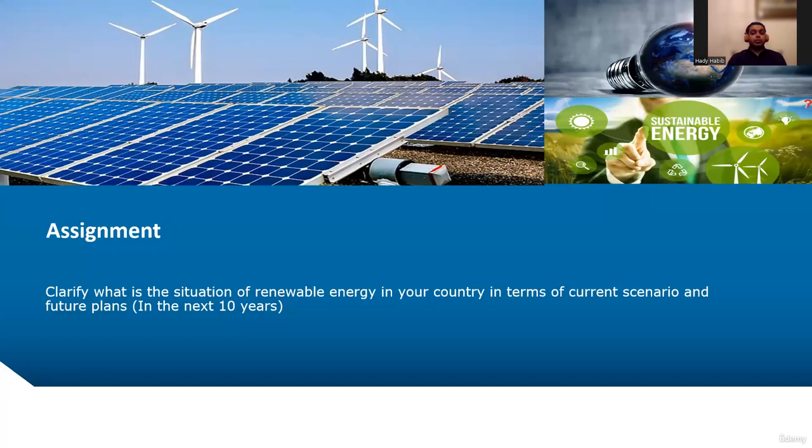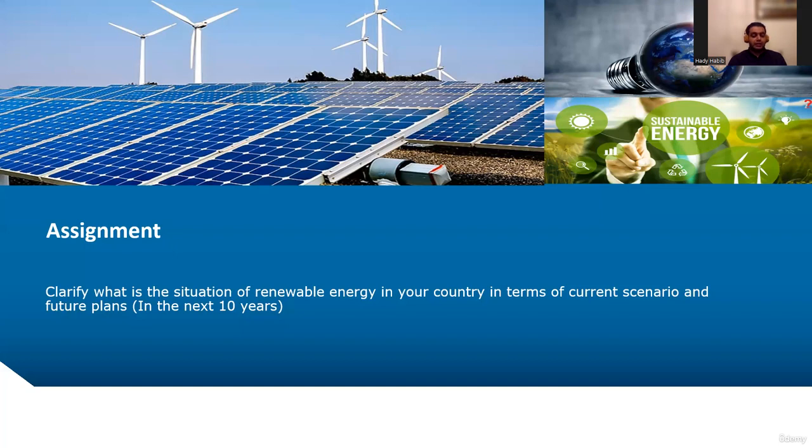In order to let you feel the situation and the need of turning to 100% renewable energy, this is the first assignment. Try to clarify what is the situation of renewable energy in your country in terms of the current scenario.